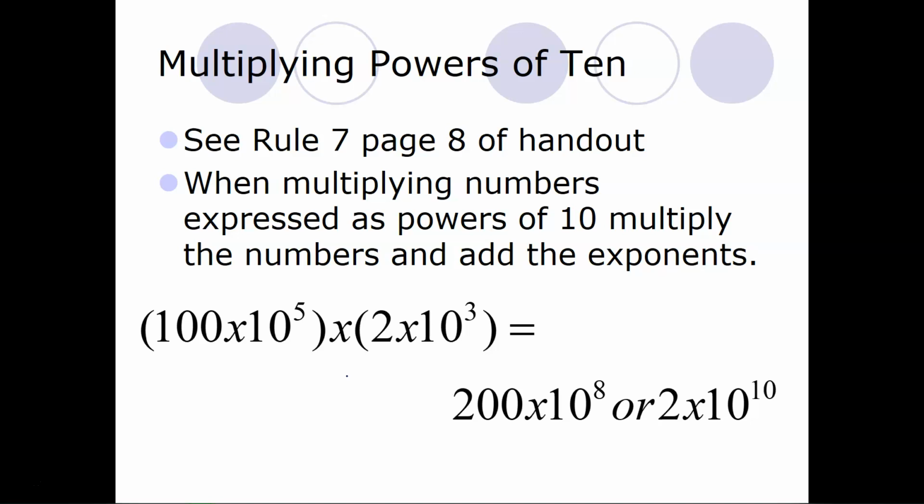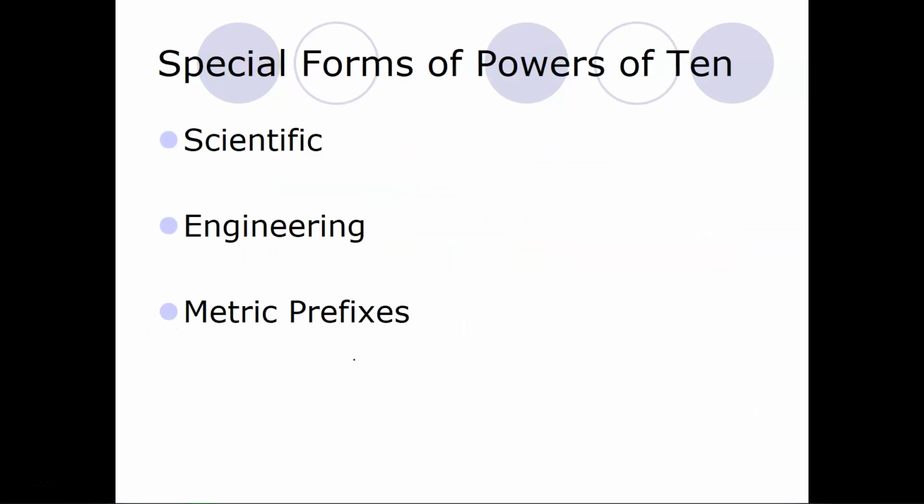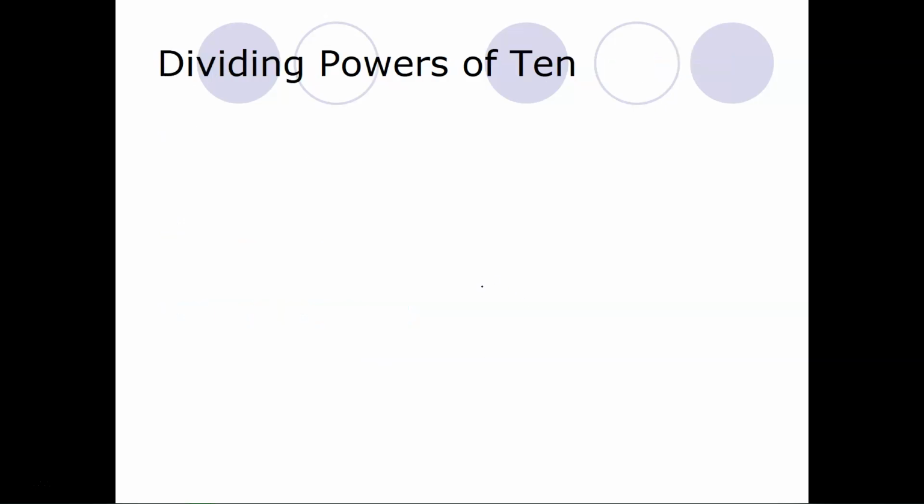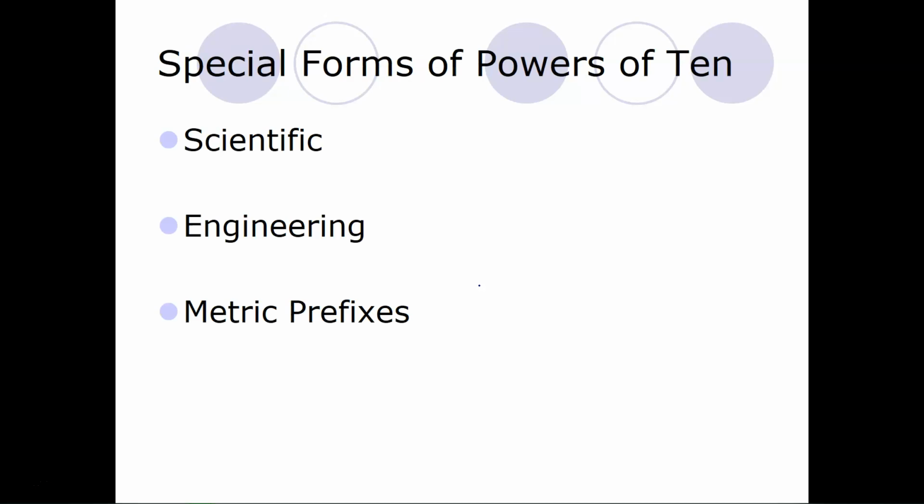There's a bunch of different ways we can solve these, which we'll go over as we go through all this, that make it a little bit easier and less having to deal with other things. And then dividing powers of 10, you do the same thing, but we'll get into that here in a minute.